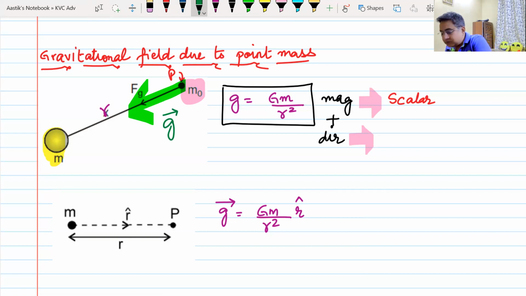How do you find out the direction of gravitational field? Point mass m is creating the gravitational field at this pink point. What is the direction of gravitational field? I've already drawn it for you. You have to just speak.